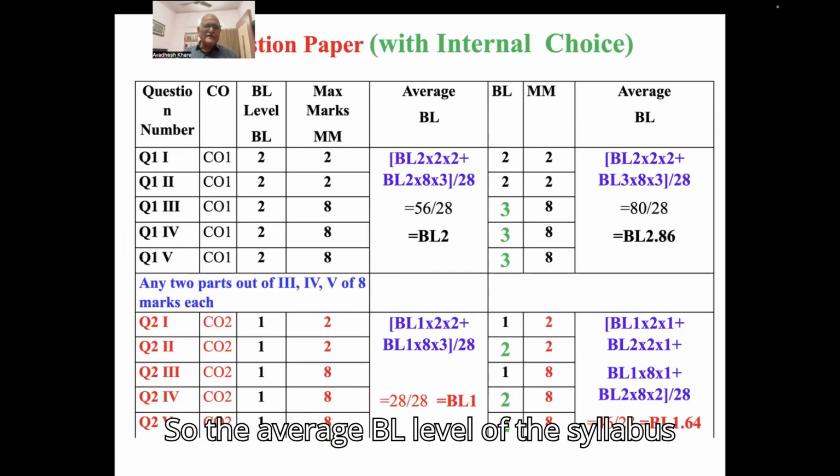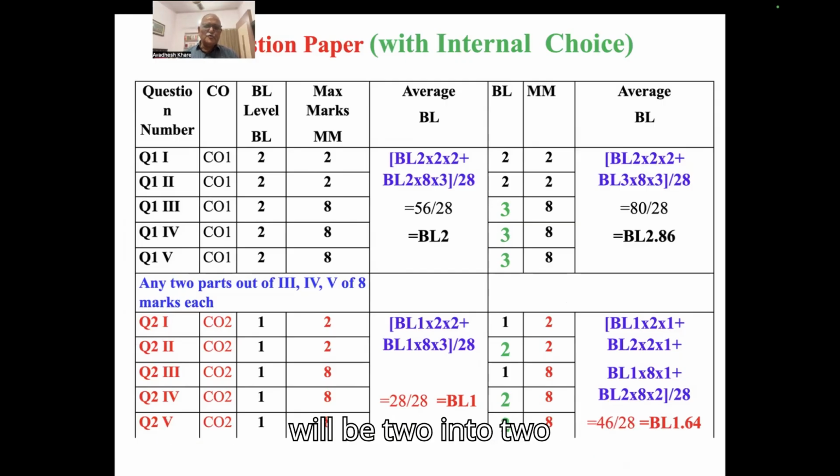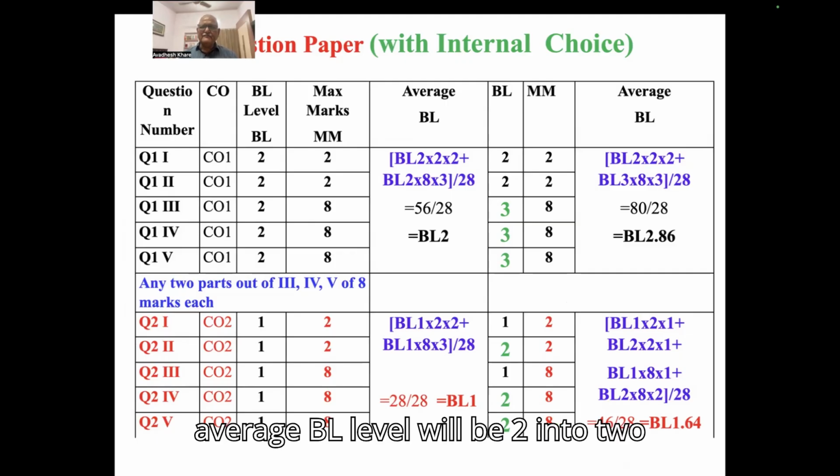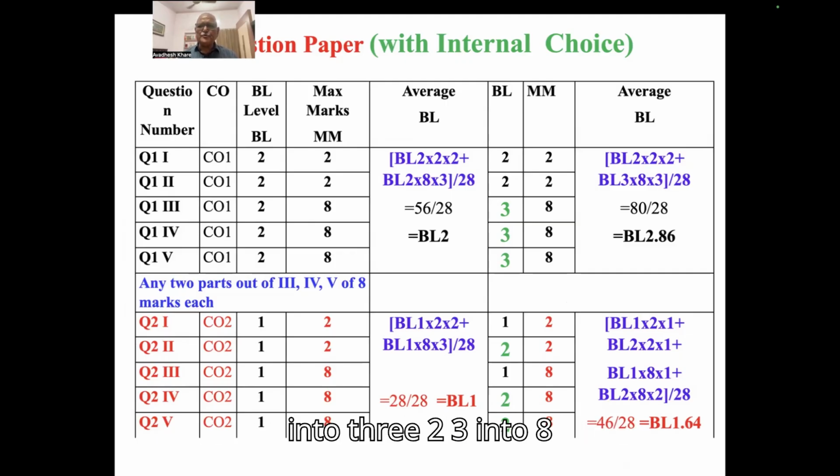So the average BL level of the syllabus will be (2 into 2 into 2 plus 2 into 8 into 3) divided by 28, that is BL2, for question number 1. And if the degree of difficulty is slightly increased for 1.3, 1.4 and 1.5 from 2 to 3, then the average BL level will be (2 into 2 into 2 plus 3 into 8 into 3) divided by 28, which is 2.86.